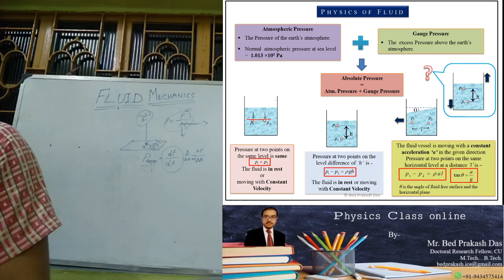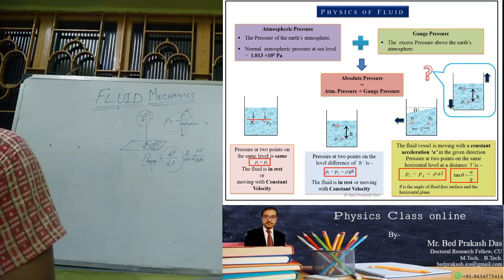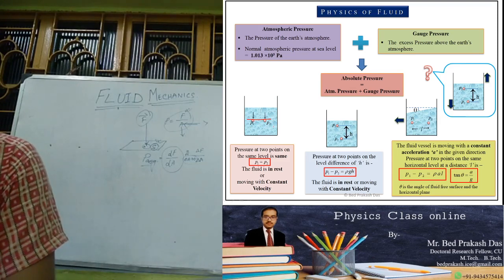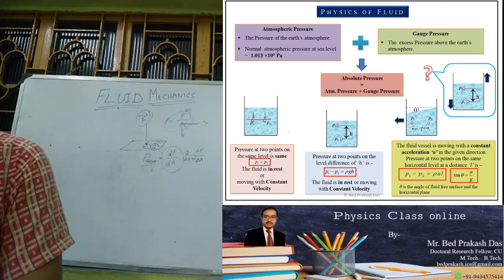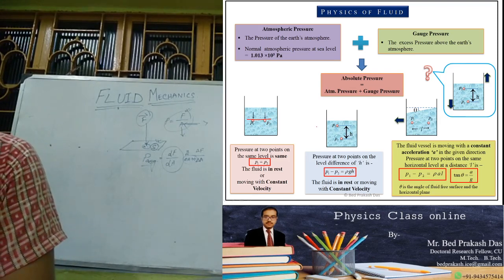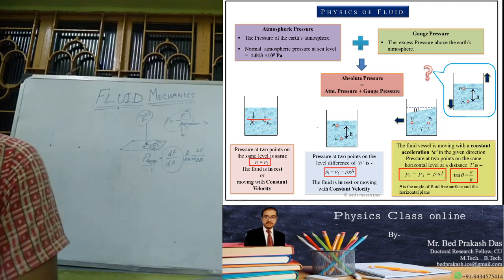Now the pressure experienced by these two points on the same plane will be the same. The condition is that the fluid velocity should be constant if it is moving, or the fluid should be at rest.